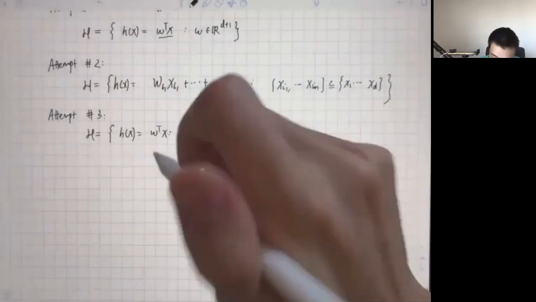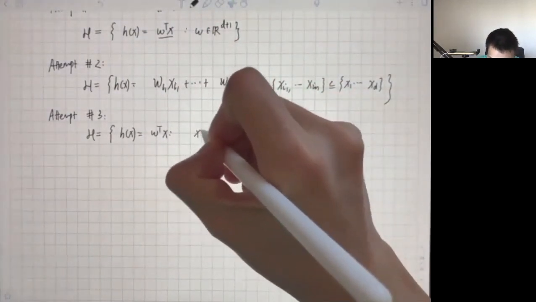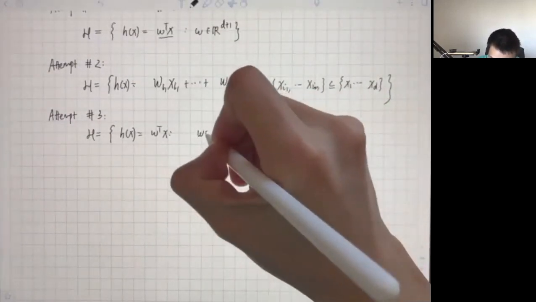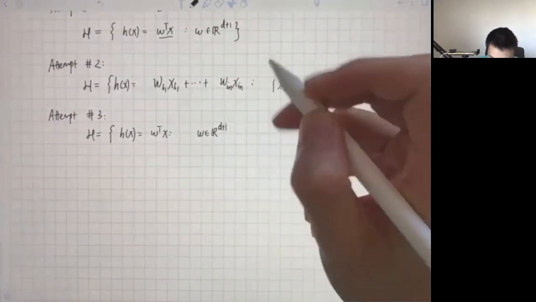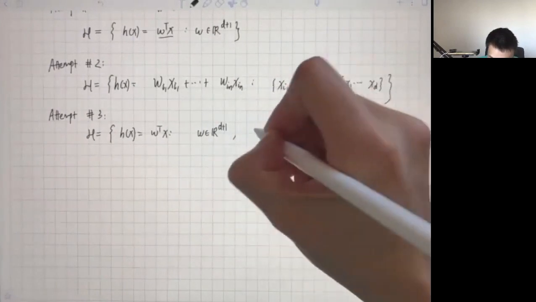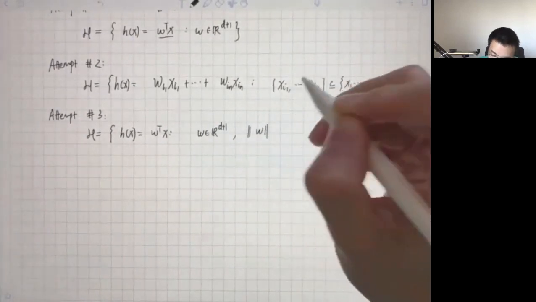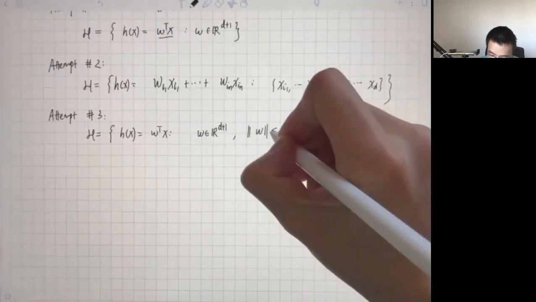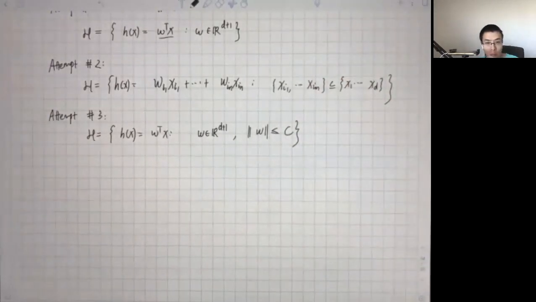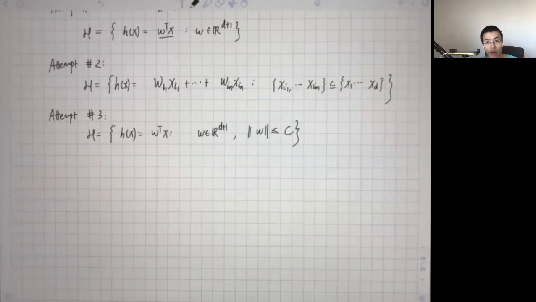So this time W is still a D+1 dimensional vector, but I would require the norm of W to be less than or equal to a constant. This is exactly to say I cannot allow my weights to be too large.